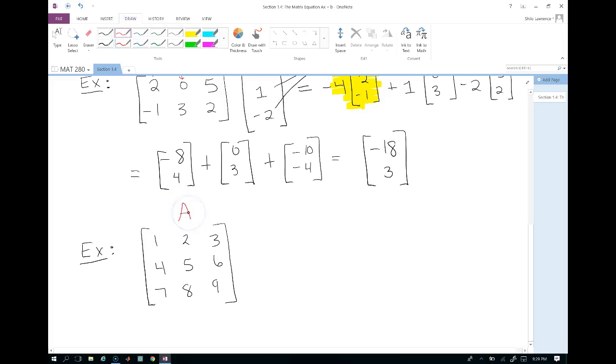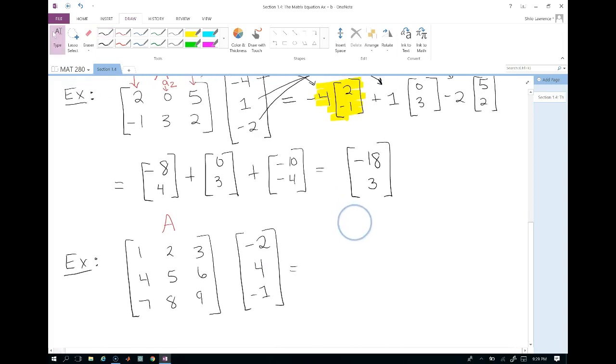And that's like the coefficient matrix that we've been working with in the last few sections. And then the X matrix, well, this A is a 3 by 3. It's got 3 columns, which means I have to multiply it by a vector in R3, which means our vector has to have 3 entries as well. So I'm going to have a vector that we're multiplying it by of -2, 4, -1. So this one's a different size, so we'll see how this one ends up a little different.